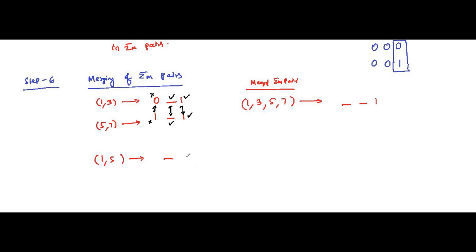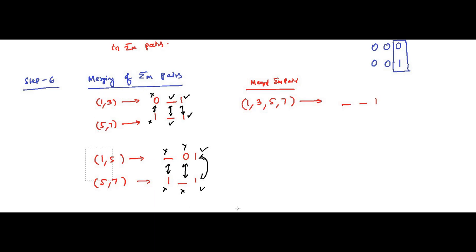Dash 0 1, and 5 7 is 1 dash 1. So here if you see, it is differing, blank space and 1, here it is differing, 0 and blank space, here it is the same, but it is not sufficient to form a merged minterm pair because it is differing at 2 positions. So 1 5 and 5 7 minterm pairs cannot be merged.